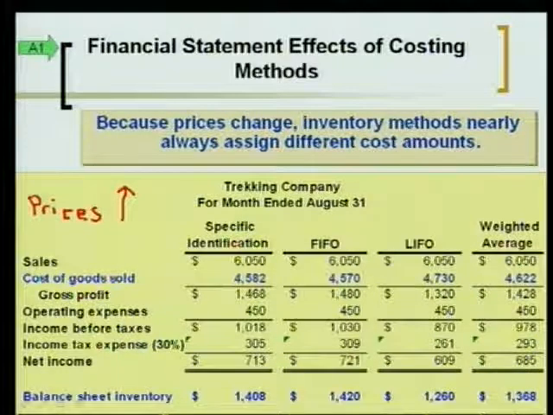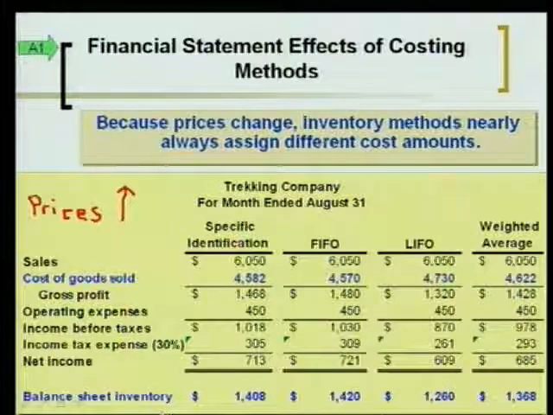Well, take a look at the income tax line. Why would somebody want to use the LIFO method? Do you guys like to pay taxes? Which one of these methods does the company pay the least amount of income tax expense? LIFO.